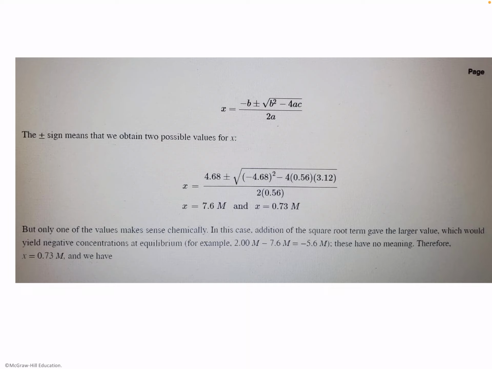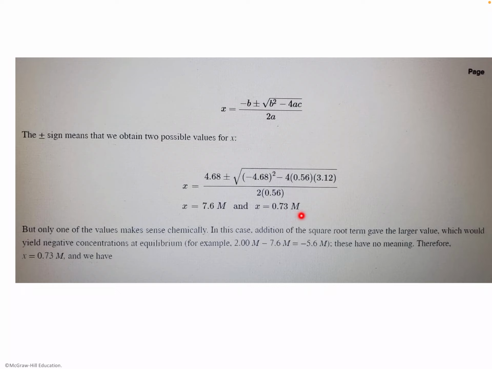If you plug in the numbers, b is negative 4.68, so b squared minus 4ac, negative 4.68 squared minus 4 times a, 0.56, times c, 3.12. You solve this part, get the square root of that, and then divide by 2 times a, which is 0.56. When you calculate this, you will get x either as 7.6 or x could be 0.73.